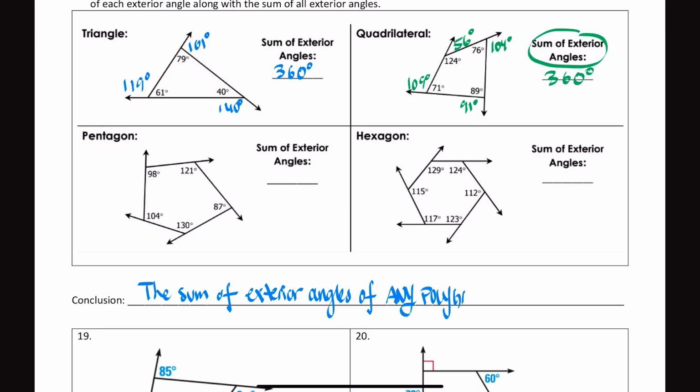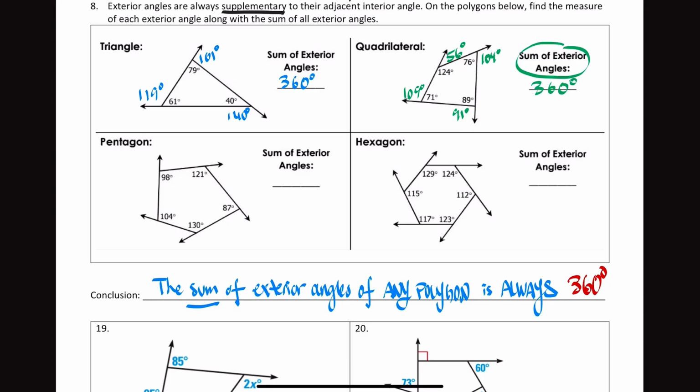If you keep testing this out, any polygon, the sum of exterior angles of any polygon is always 360 degrees. Okay, and that is what we discover.